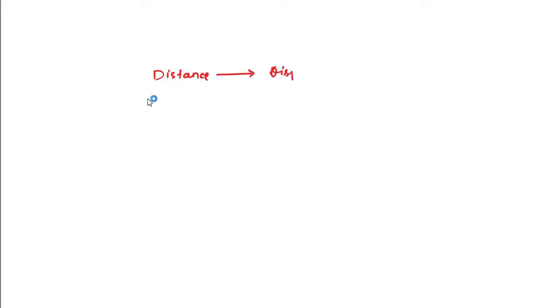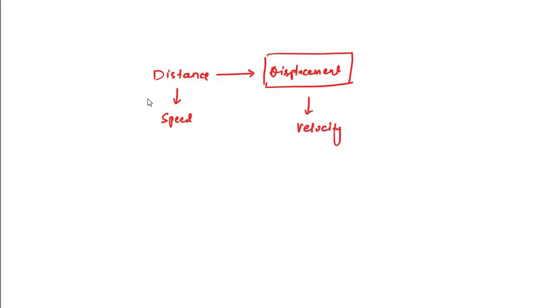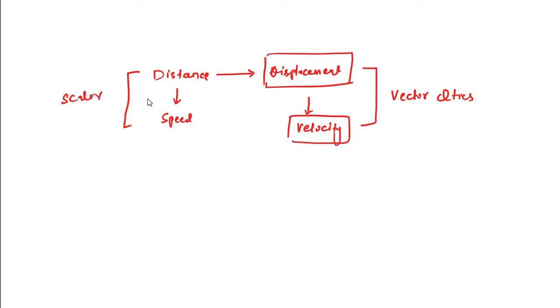All the definitions are the same, but here we are concerned with displacement. Distance is related to speed, displacement is related to velocity, because displacement and velocity are vector quantities, while distance and speed are scalar quantities, only magnitude, no direction.